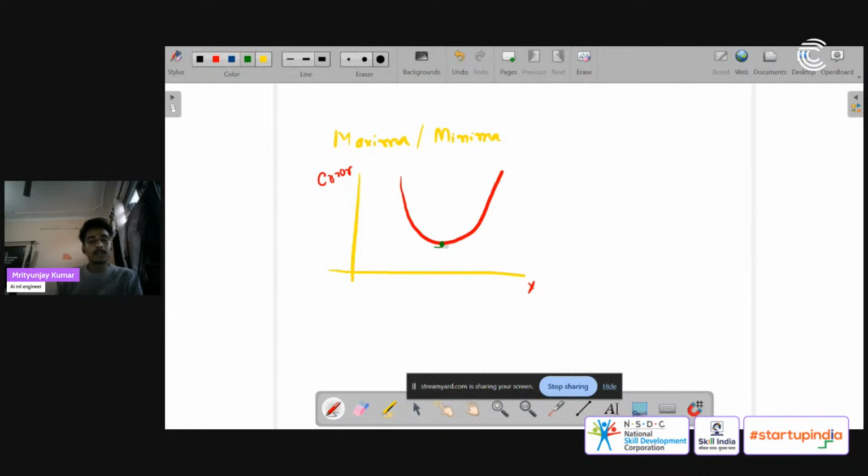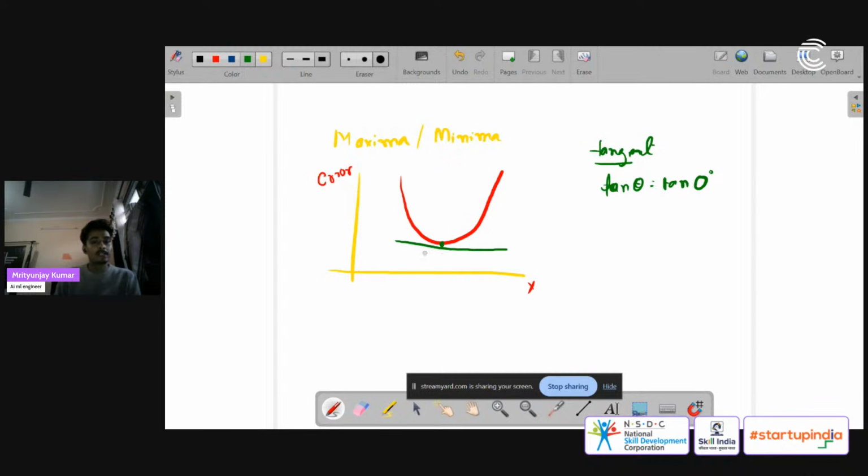We create a slope, or tangent. Tangent is nothing but tan theta. Tan theta with respect to the x-axis should be tan 0, that is 0 degrees. It means the line will be parallel to the x-axis.